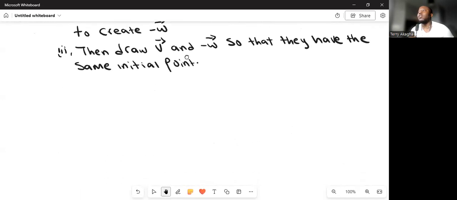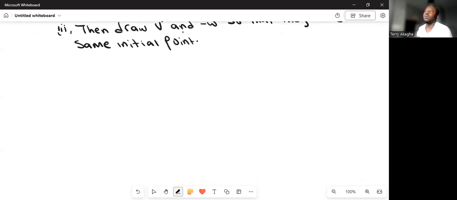Okay, so now when you're done with that, you can now go to step 2 in both cases. So it does not matter if you're adding or subtracting. Step 2 is going to be the same thing. All right.